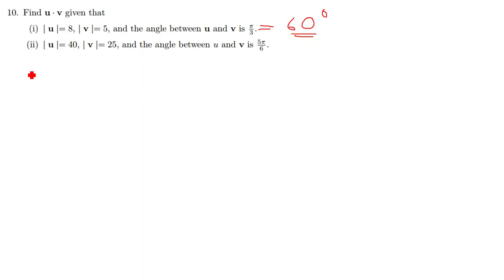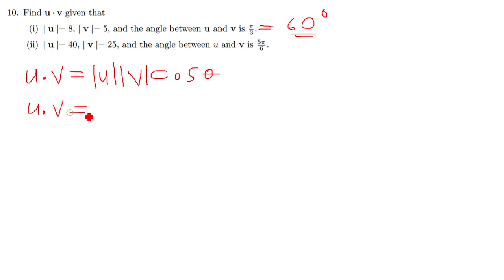So to find u dot v using those given values is simple, because we know that u dot v can also be found by the magnitude of u times the magnitude of v, and then cos of the angle between the two vectors. The magnitude of u is 8, the magnitude of v is 5, then cos 60 degrees.